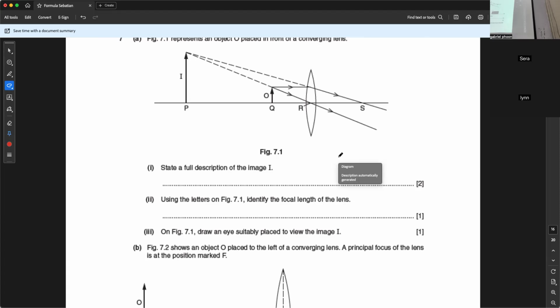Good, now this is a mirror. Find where the image is. What do you think will happen when the light ray hits the mirror? It will reflect off. Then how do I find the image?